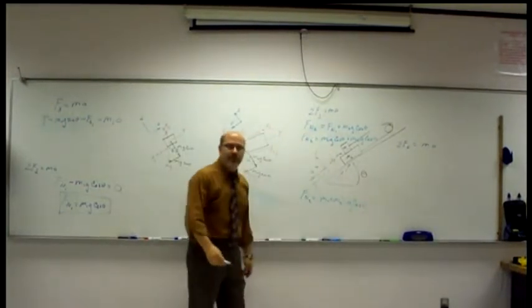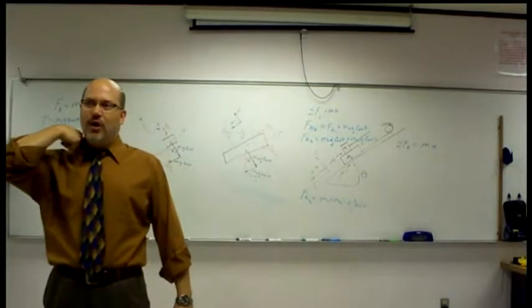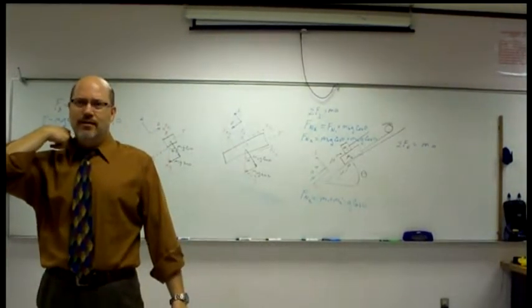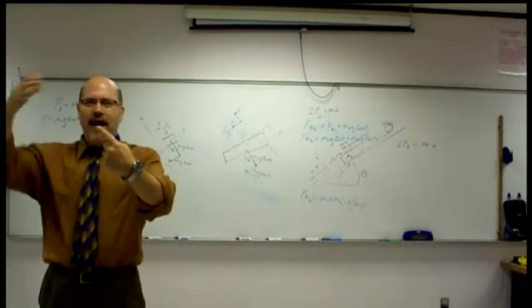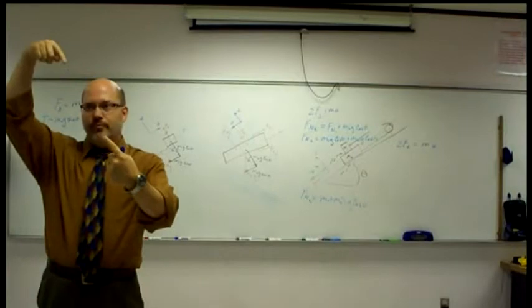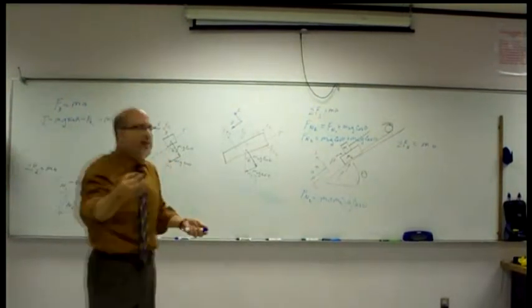What does that mean? That means that the normal force has to hold up both blocks, which is what we would have guessed to begin with. The normal force pushing up has to counterbalance the weight, in the cosine direction, of both those blocks. What we would expect anyway.